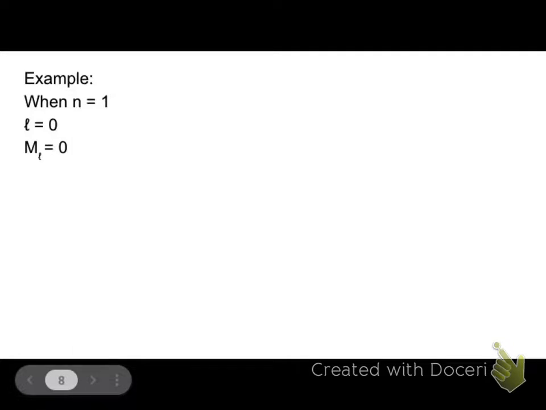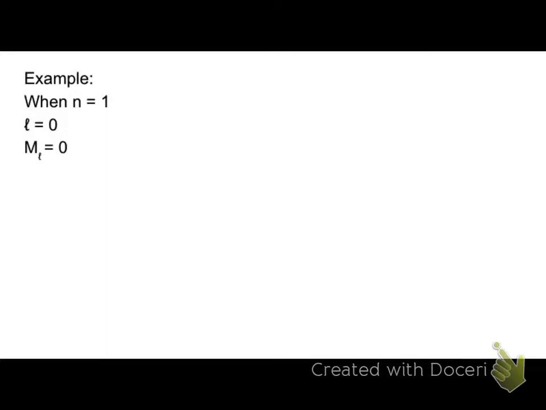All that tells me is that I'm in the first energy level, and I am in the s orbital, and since I'm in the s orbital, there's only one of those, so there's not an option for m sub L to be a different one of the orbitals, because there's only one, right?